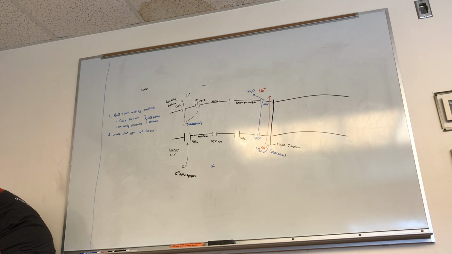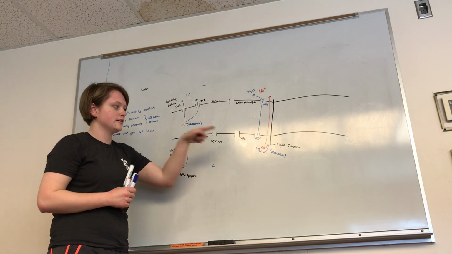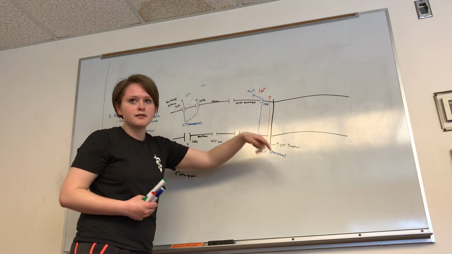That sounds right to me, because para means next to, beside, the side, and trans means through. Yeah, I just wanna make sure. Yeah, chlorine's transcellular. Okay, so chlorine, transcellular, sodium moves paracellular.